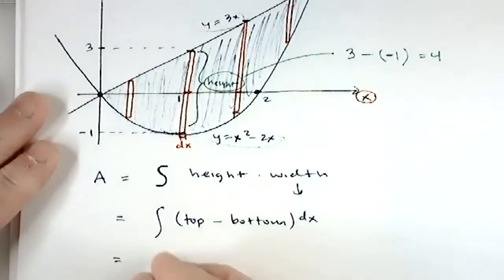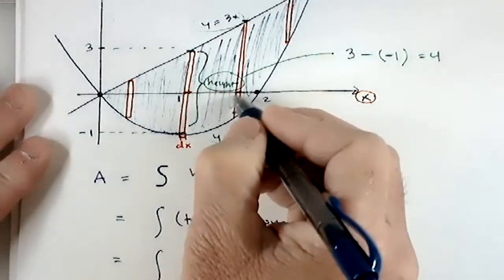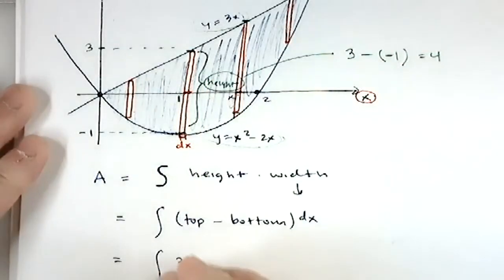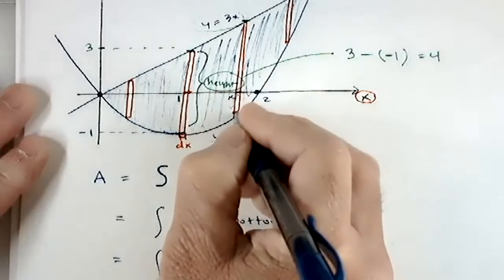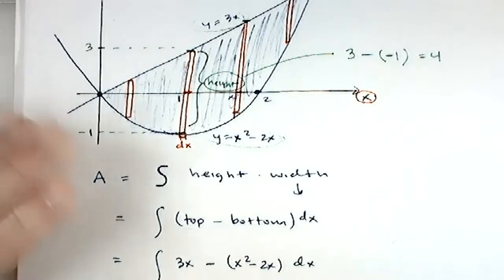I did that for when x is 1. For any given x value, how high would it be? It would be 3x. How low would it stretch down? It would be determined by the bottom function, which is x squared minus 2x. And then we'll multiply this by dx.